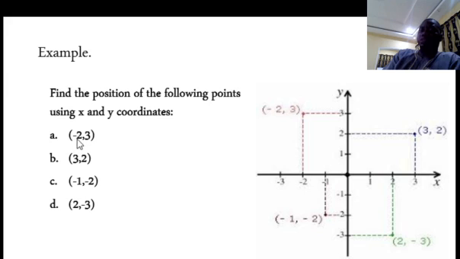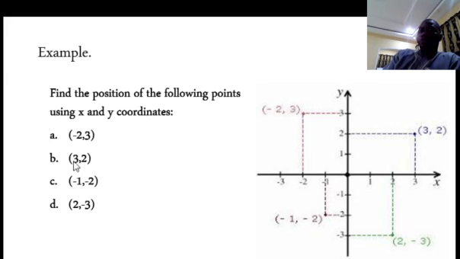What this means is that -2 means from the origin you go towards the left by 2 steps, 1, 2. When you get there, you take 3 steps to the positive direction of y, 1, 2, 3. So you have -2, 3.